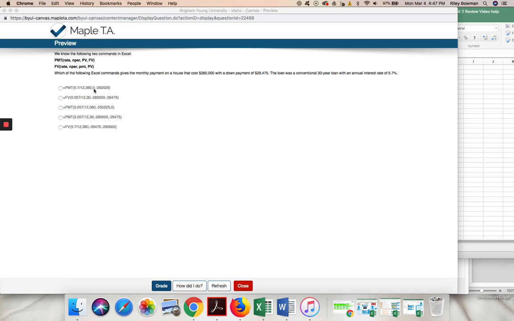The present value is 0, and the future value will be negative 250,525. So this one is a payment with a present value of 0 and a negative future value.